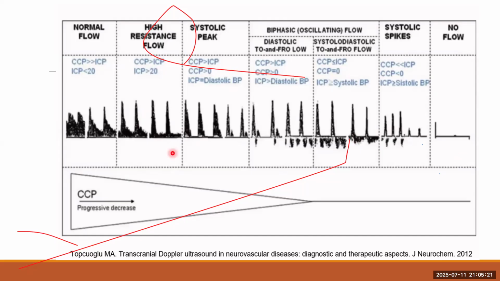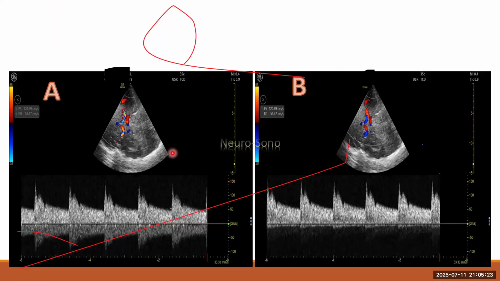This is where we end up in cerebral circulatory arrest, or complete absence of flow. So A and B, I think we had already had this.